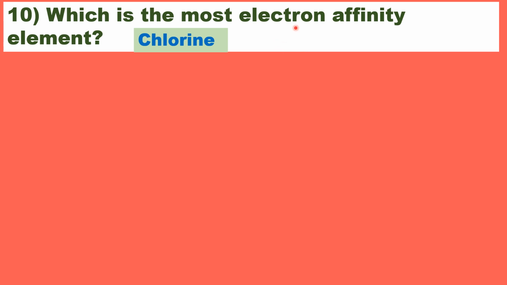Electron affinity is the energy released when an electron is added to a gaseous atom to form a gaseous ion. In the case of fluorine, the atom is so compact that there will be interelectronic repulsion because of the added electron.